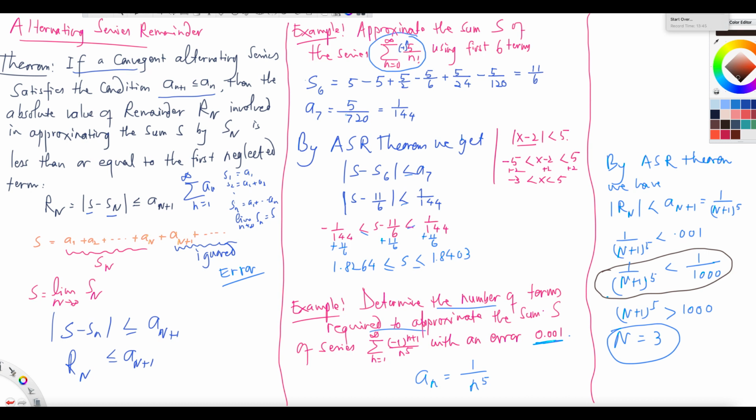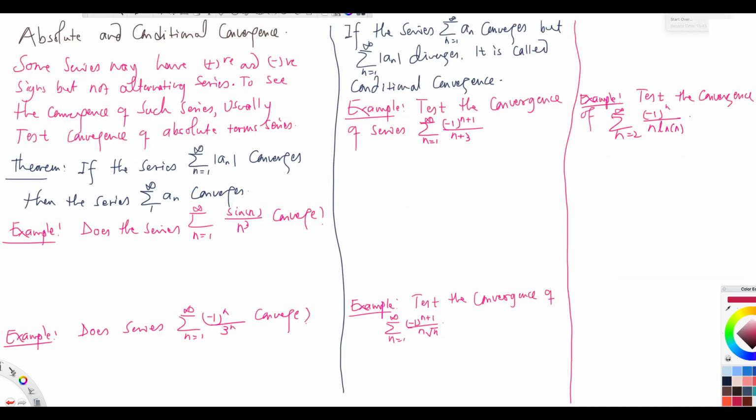The next thing we want to do is define new terms called absolute convergence and conditional convergence. Let us introduce this new concept of convergence.